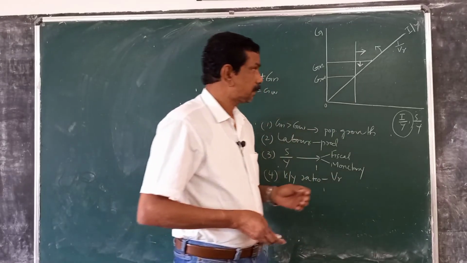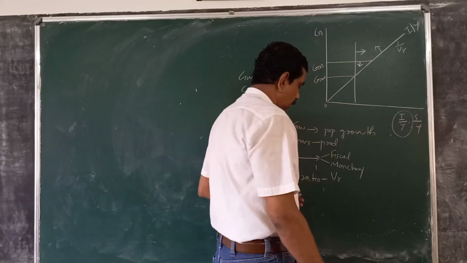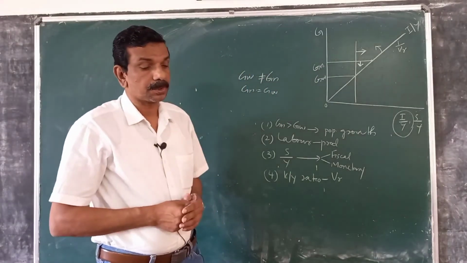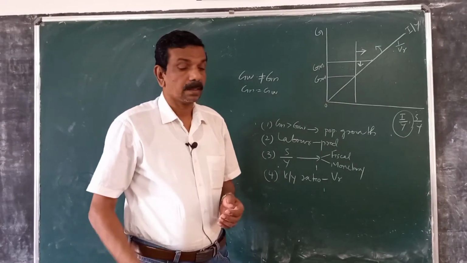The third one is to pivot the I by VR curve by reducing the capital output ratio, or by reducing VR.